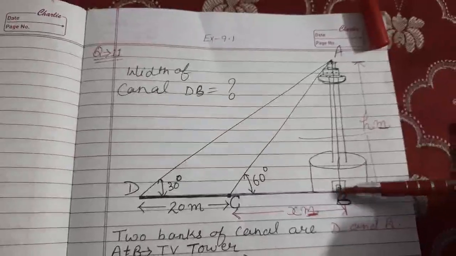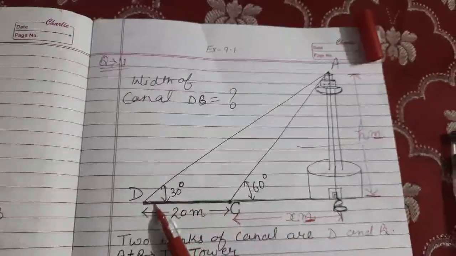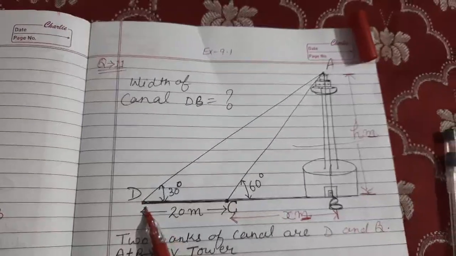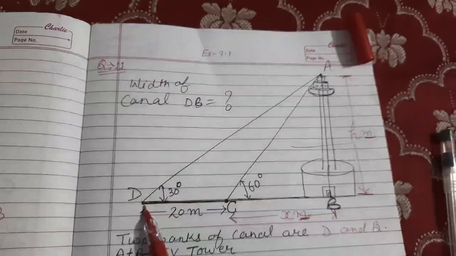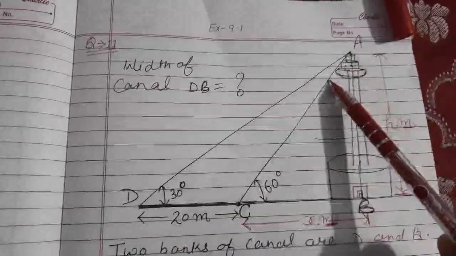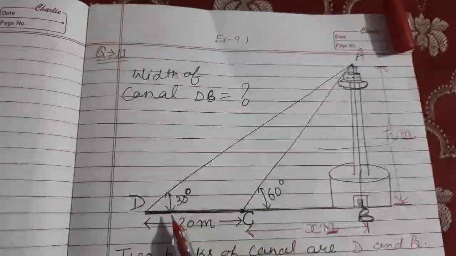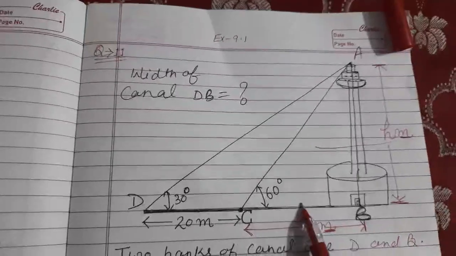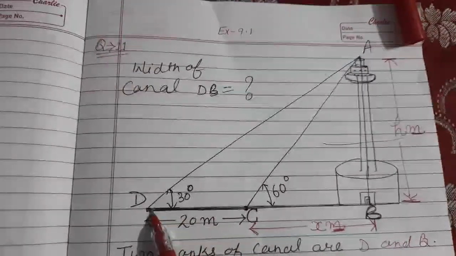At one bank the TV tower is located, and just opposite of this TV tower, on the other bank, there is a point D from which the angle of elevation of the top of the transmission tower is 30 degree. From this point D, a straight path is going to the foot of this transmission tower.